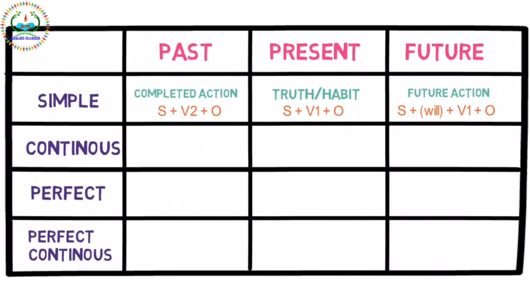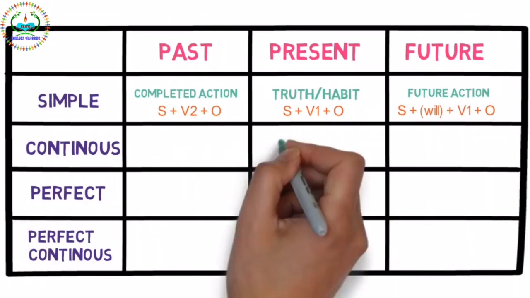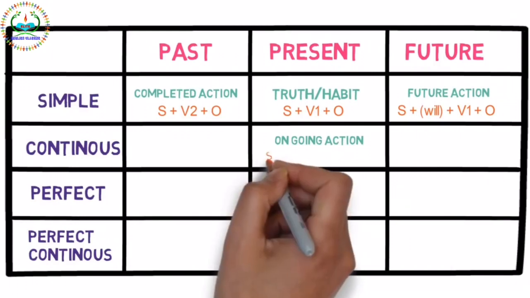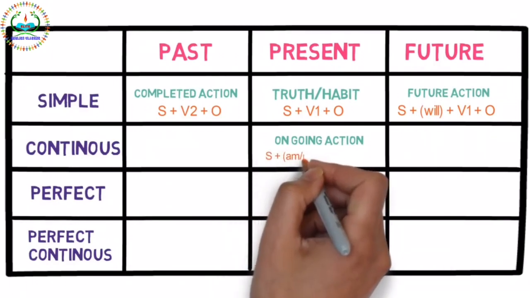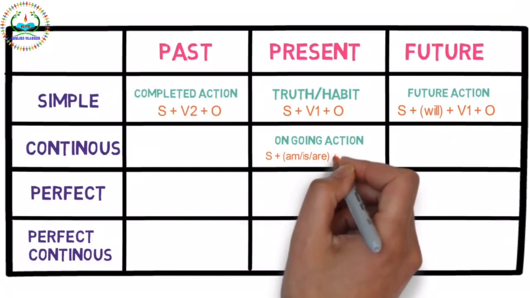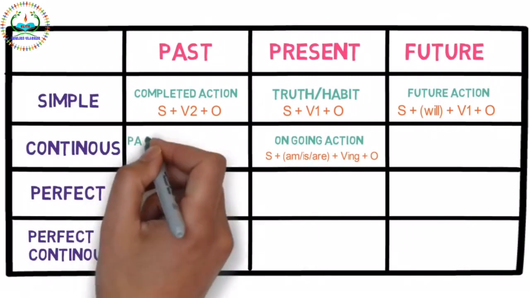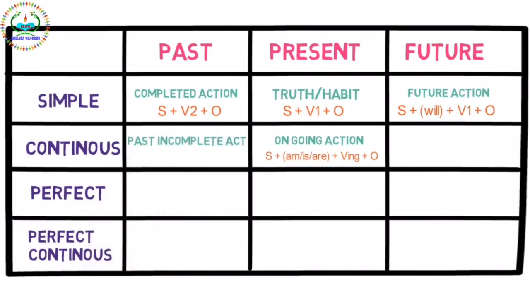In the present continuous tense, we refer to an ongoing activity. Structure of it is subject plus am, is or are plus verb's ing form plus object. In the past continuous tense, we refer to a past incomplete activity until some another activity begin.